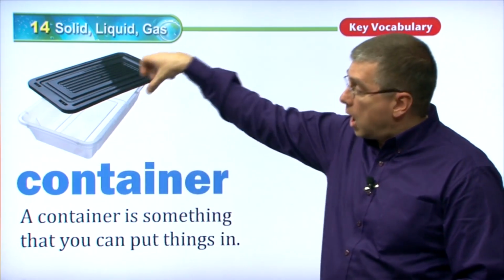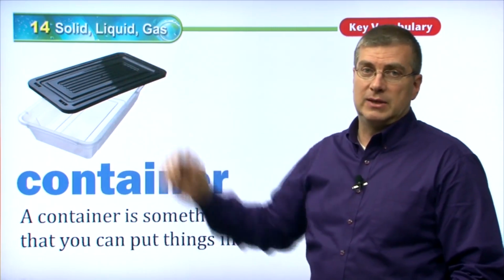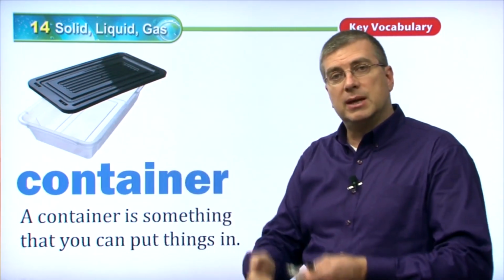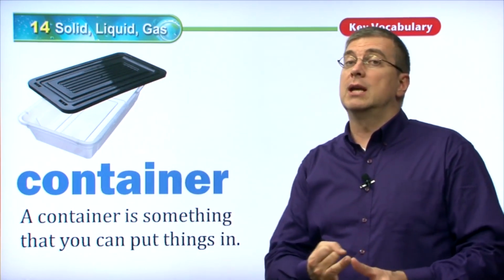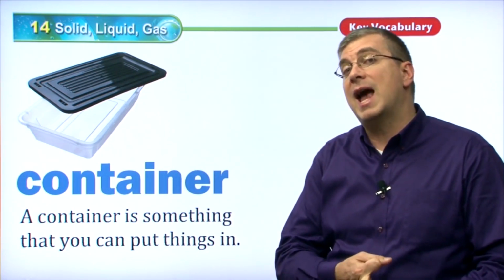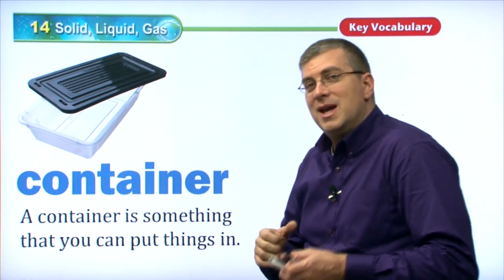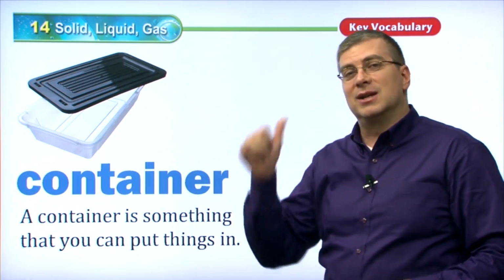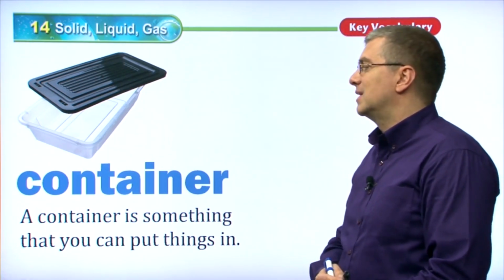But if we pour water into the container, then the water will take the shape of that container. And the container is just something that we can keep things in. You can keep solids, you can keep liquids, and you can keep gas in a container too. When scuba divers go underwater, they keep their air in a container. It's a scuba tank on their back, right? So these are different types of containers.